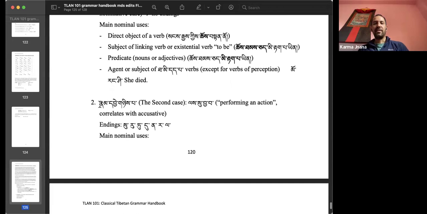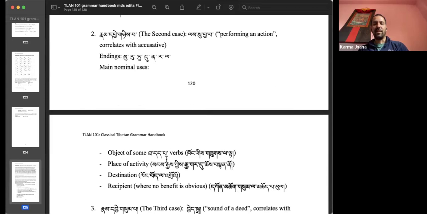The second case, Namjin Nipa, is a Lesu Jawa, which is performing an action. So it could be the object, Kongi Sup La, a place of activity, Sangaki Kyaghar Tu, it marks the object of where it is happening.